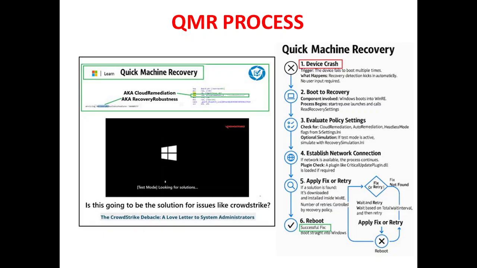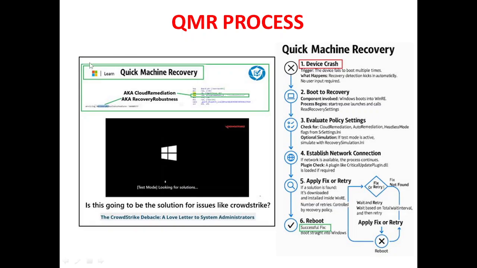But Microsoft introduced this feature, QMR. So what will happen? In case an issue like this happens on a computer, QMR will directly solve the issue without manual interruptions or manual steps.